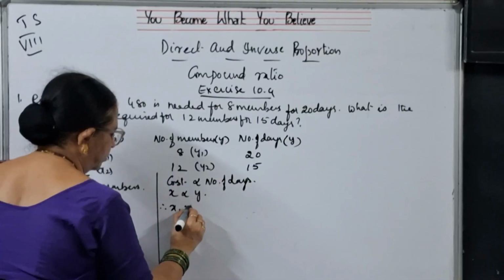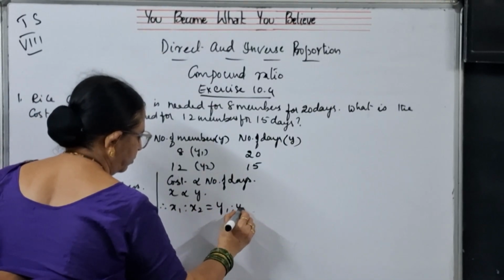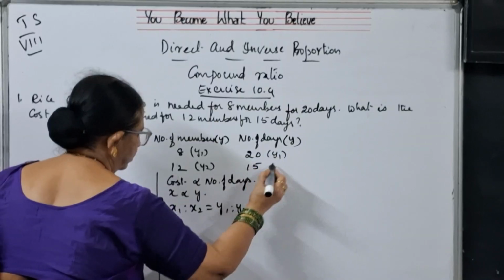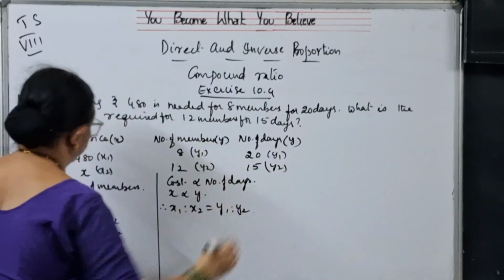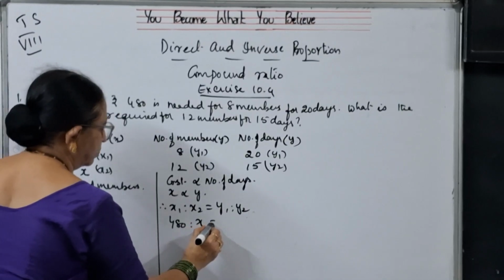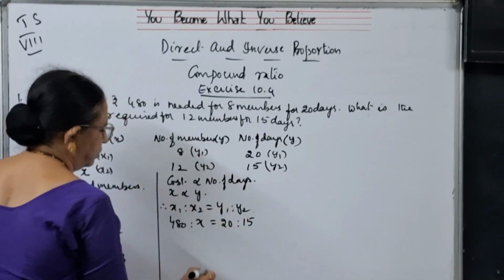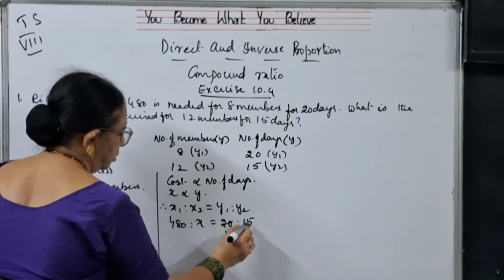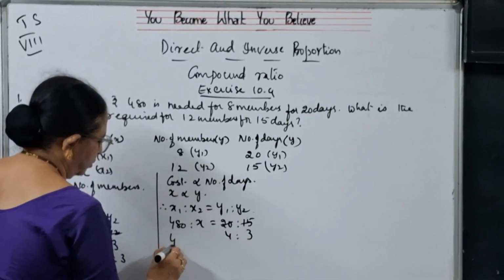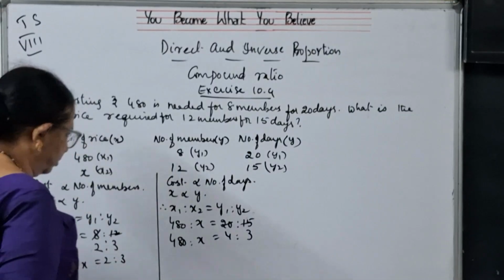Therefore, x1 is to x2 is equal to y1 is to y2. So this is y1, y2. So 480 is to x is equal to 20 is to 15. This also, 5 fours are 20, 5 threes are 15. So 480 is to x is equal to 4 is to 3.